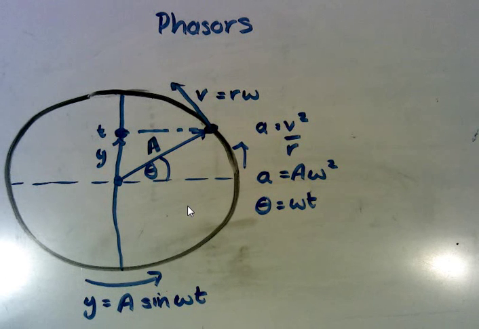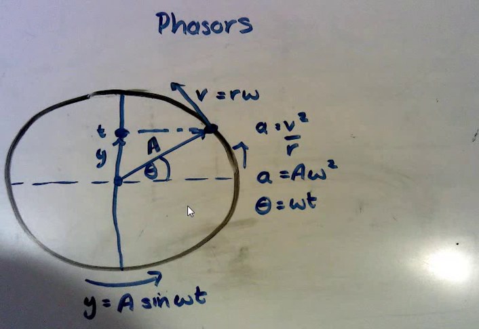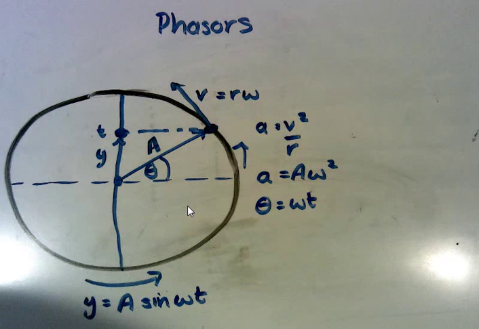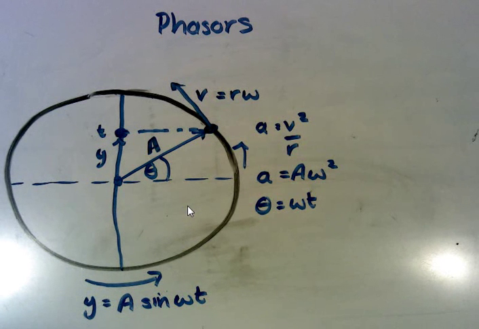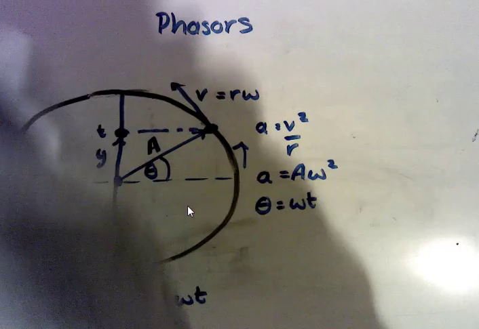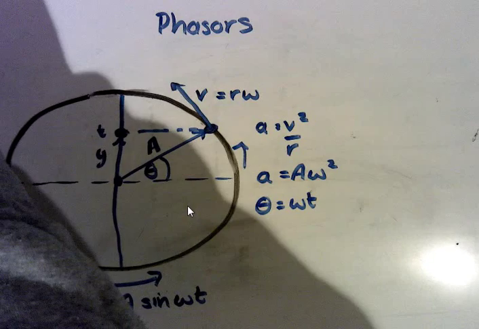So I'll try and fit this on the same diagram. So now we're looking at velocity here rather than displacement. So we'll look at the velocity that we're travelling at here. Again, we're going to have moved through an angle. Okay, we'll look over here.